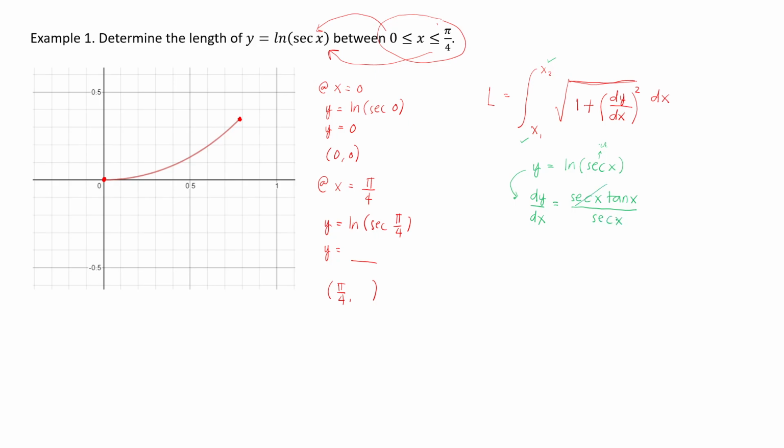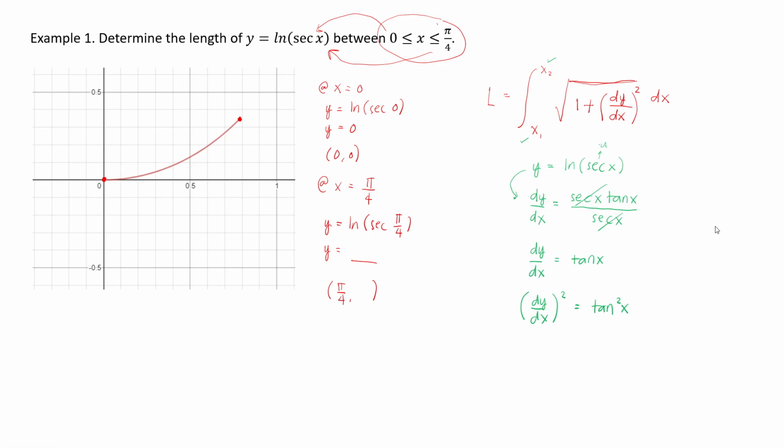So cancel secant x, then your dy over dx is equal to tangent x. And since we are going to have it squared, dy over dx squared is equal to tangent squared x.